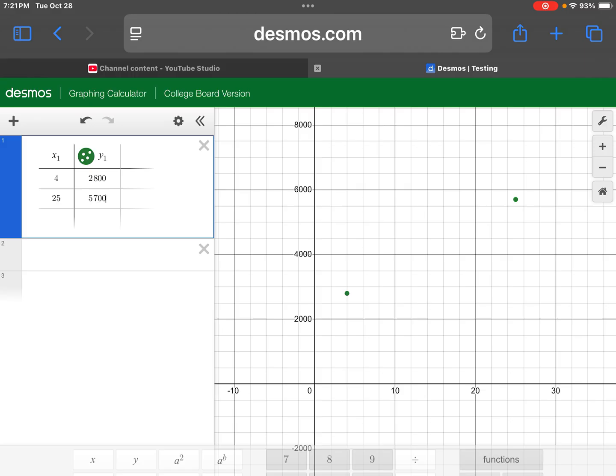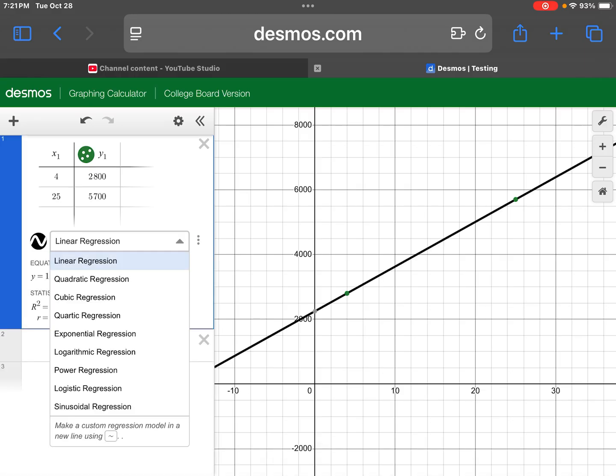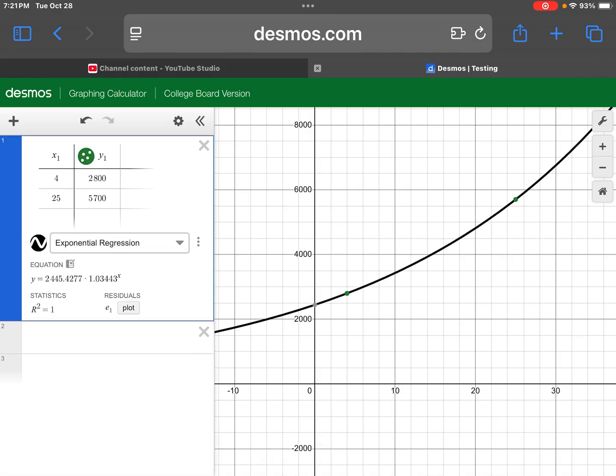We're going to initially run an exponential regression, but remember, this is not our A and B values. Our regression equation, according to this, says something times something to the power of x.